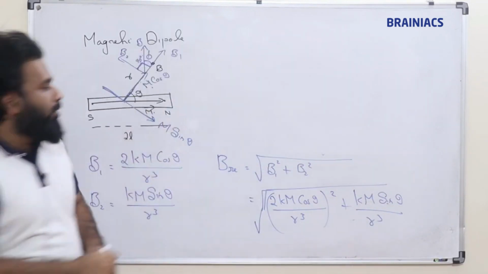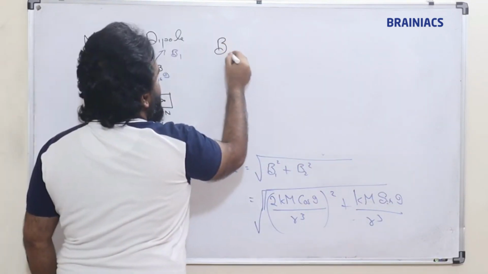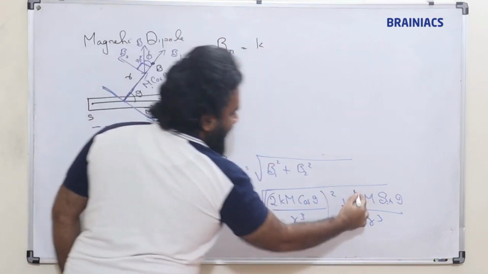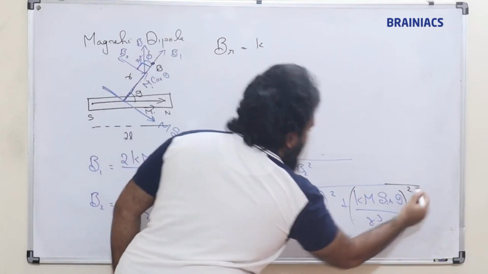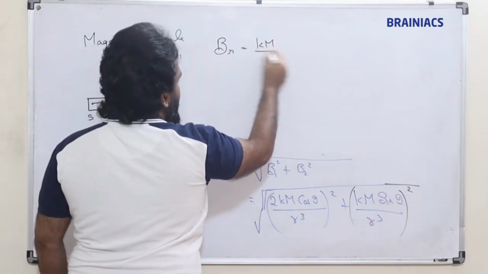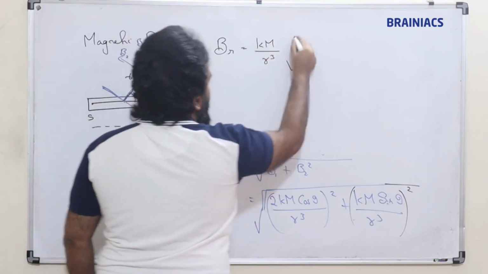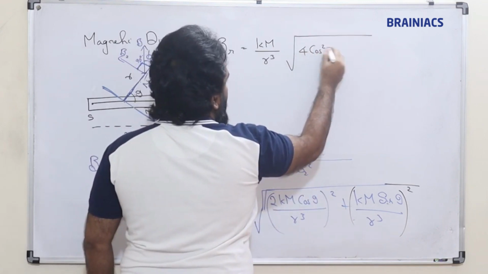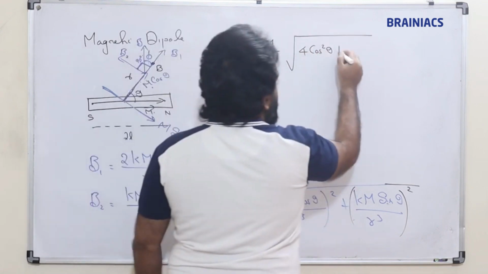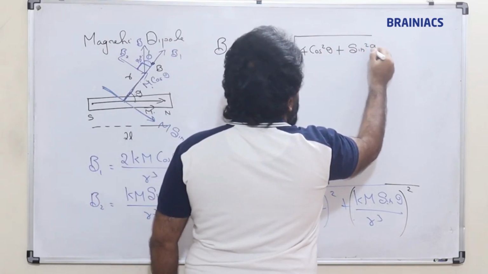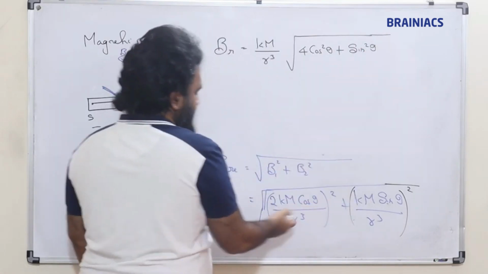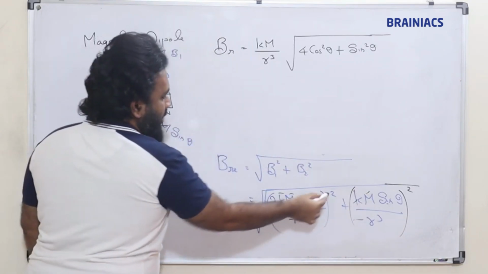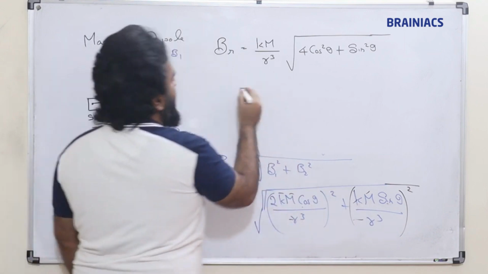So B resultant is equal to what? We will take km divided by R cube outside, and inside this is going to be 4 cos square theta plus sin square theta. Two squared becomes 4. So km divided by R cube into 4 cos square theta plus sin square theta.